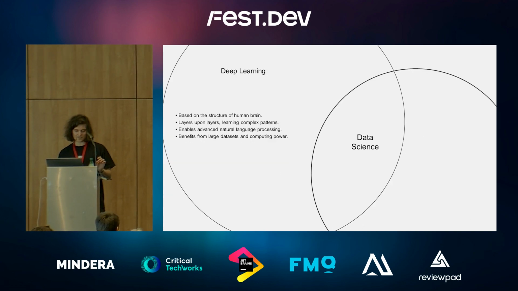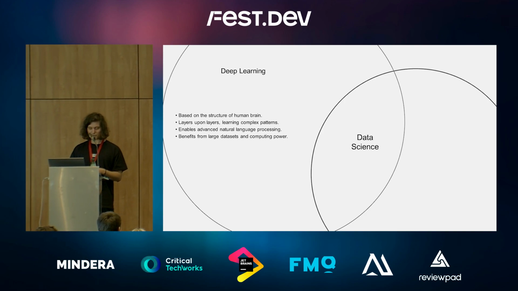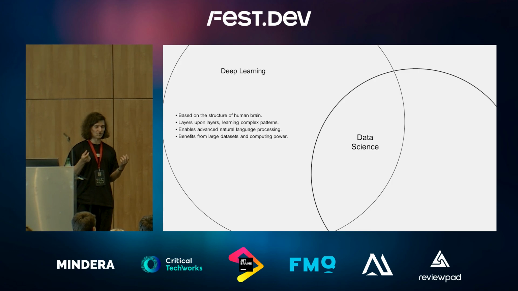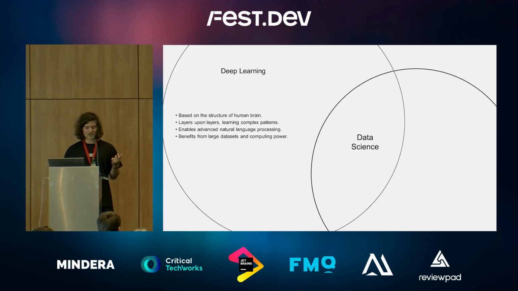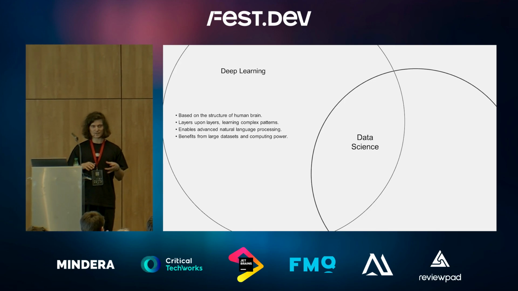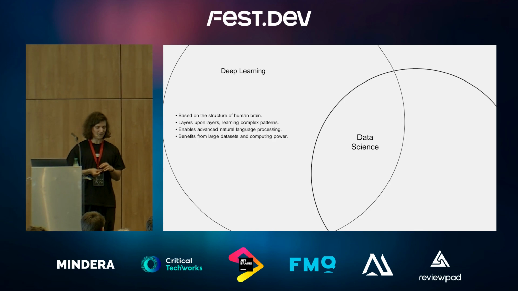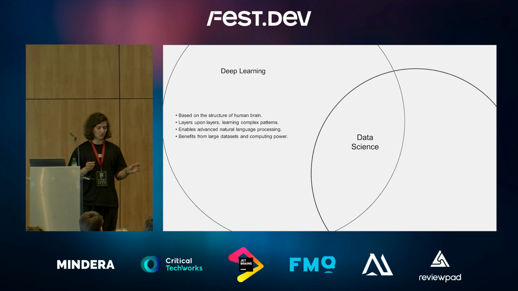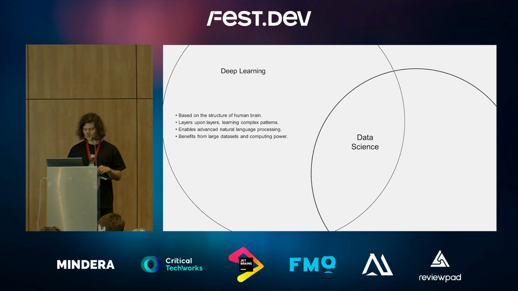Another important thing inside machine learning is deep learning. It's more about neurons. It tries to reproduce the structure of the human brain, and it's built with neural networks. Each node in our network is kind of a neuron, which works pretty much the same as a neuron inside our brain.